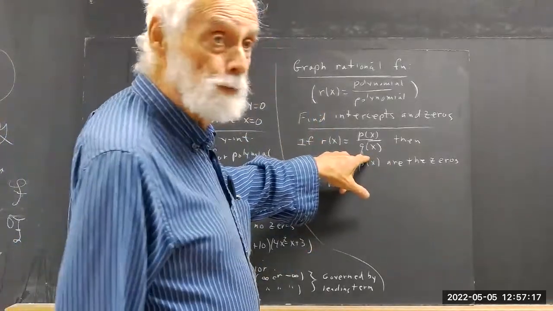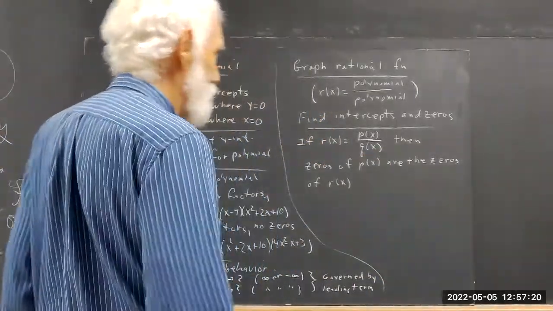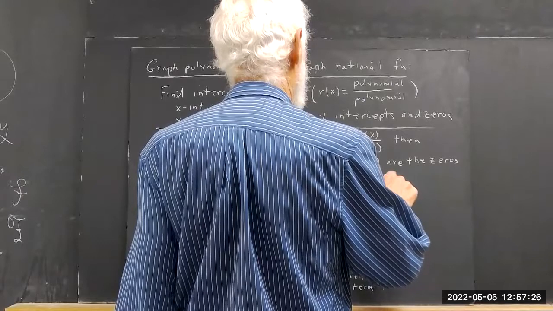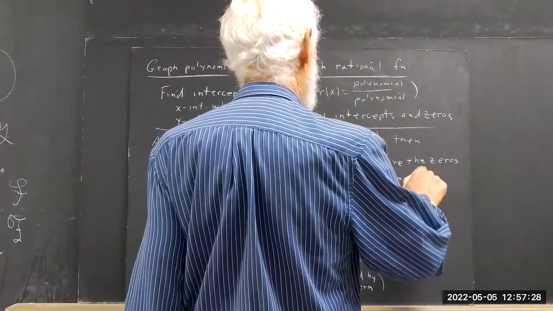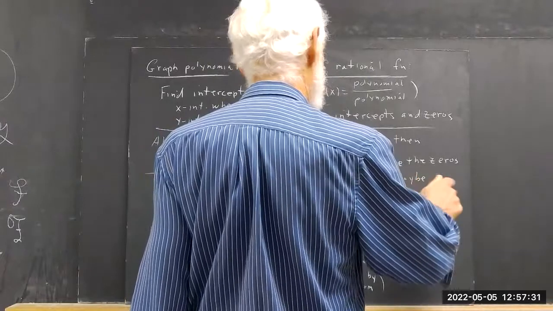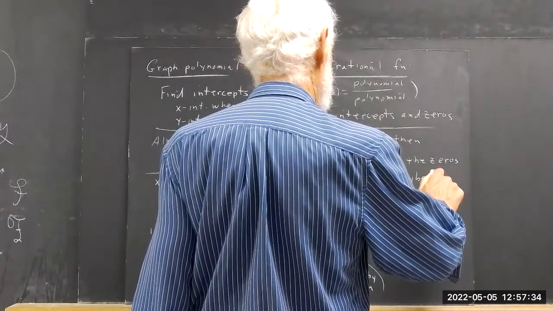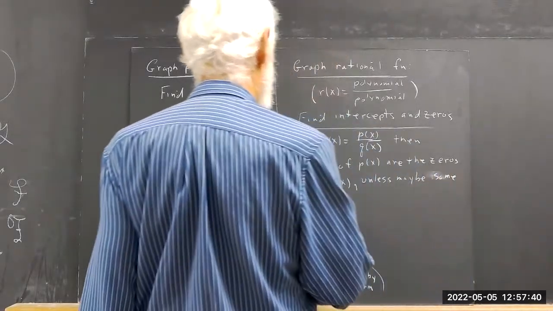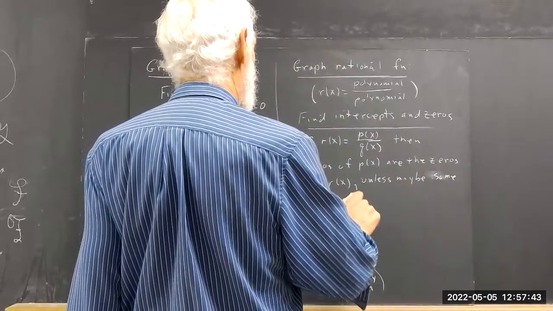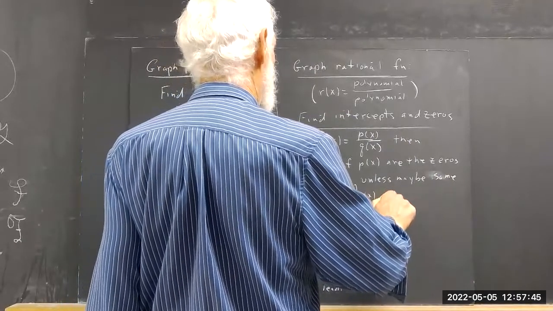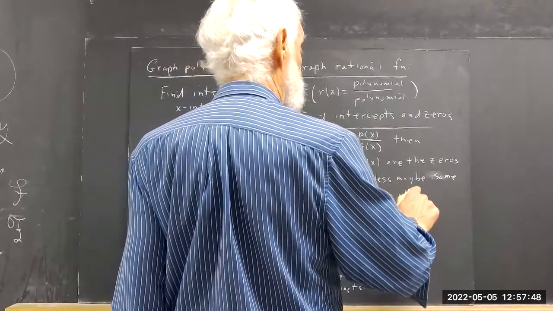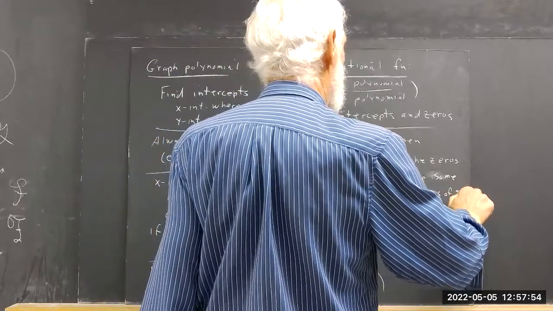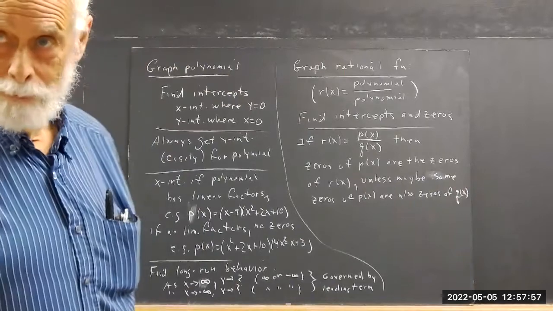Except if Q of x also equals 0. Unless maybe some of the zeros of P of x are also zeros of Q of x.